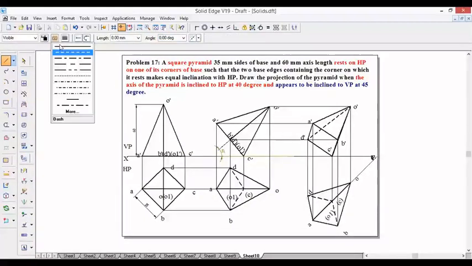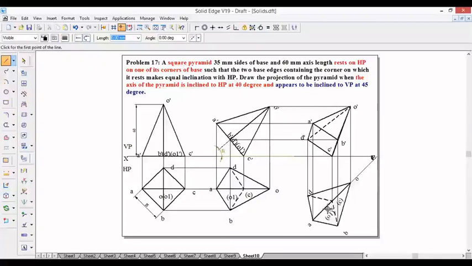Take the projection line of the O1 also. The line O1 is 45.96. Here the end point is getting at this end point.